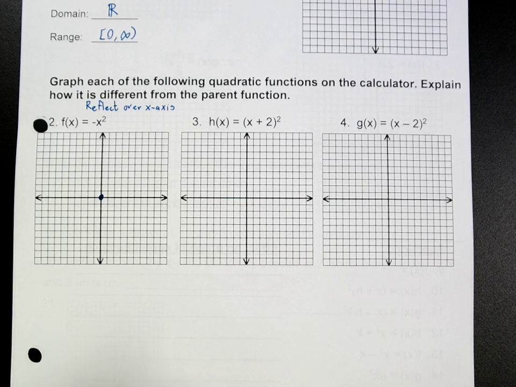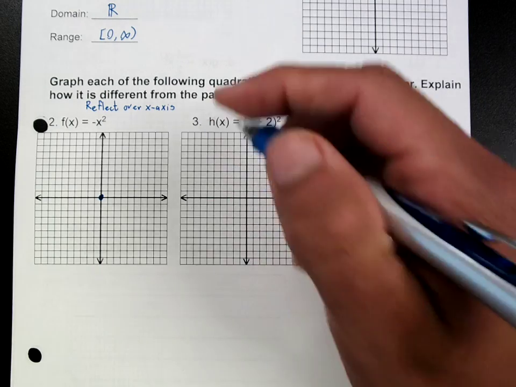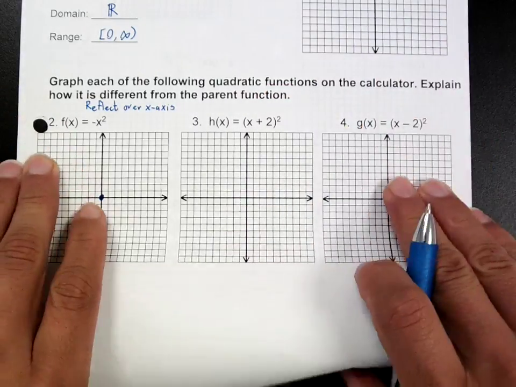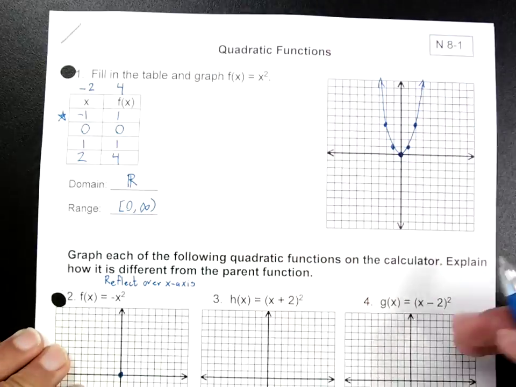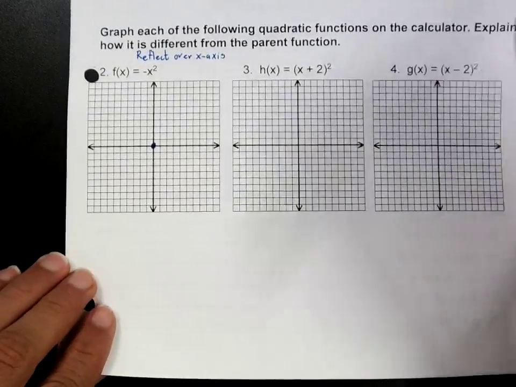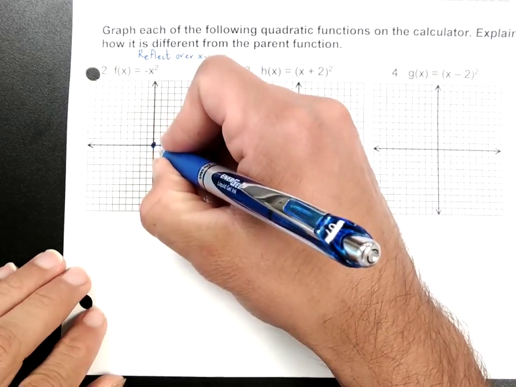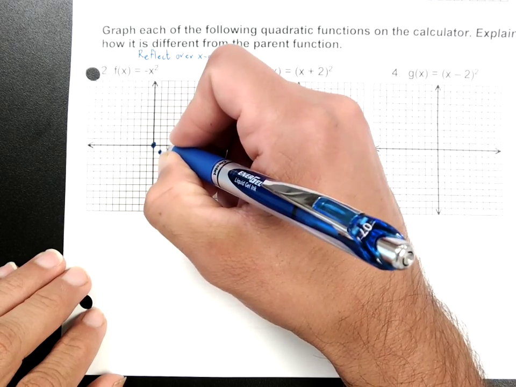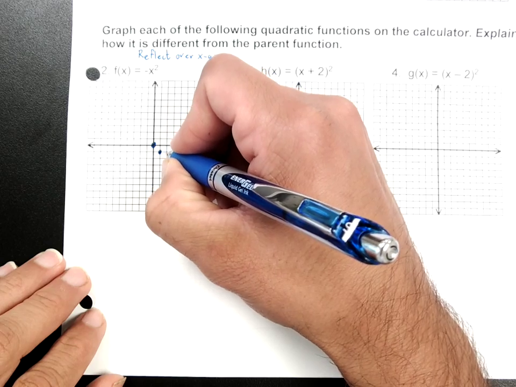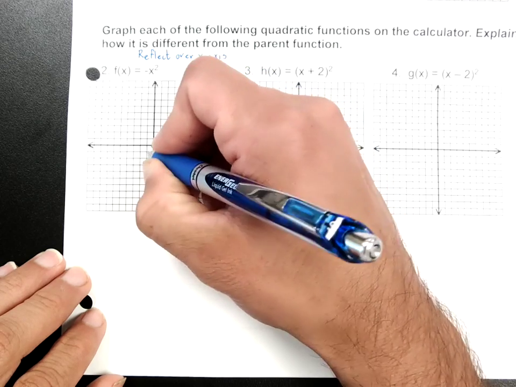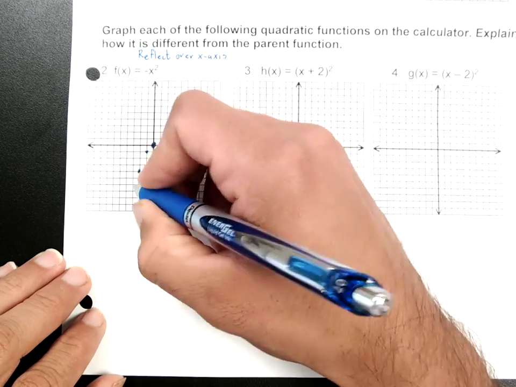Now for the next point, so you don't have to look at your calculator table, just multiply the y-coordinates by a negative. So now you would have 0, 0, and then 1, negative 1 instead of 1, 1. And then you would have 2, negative 4.